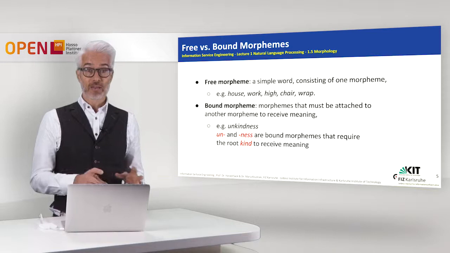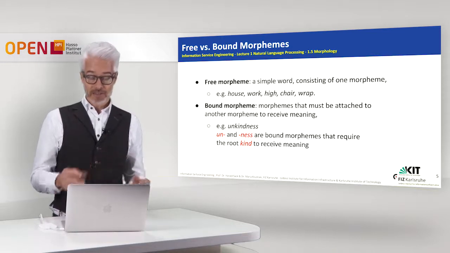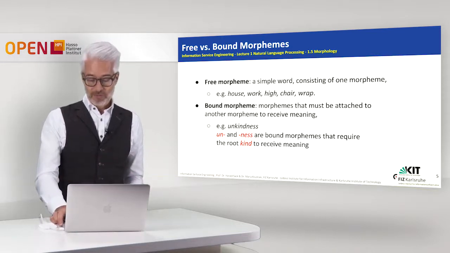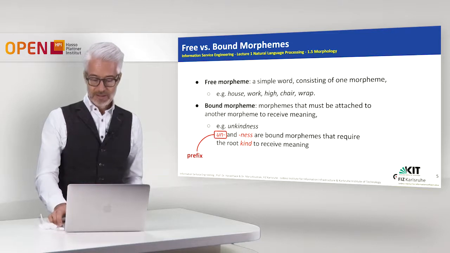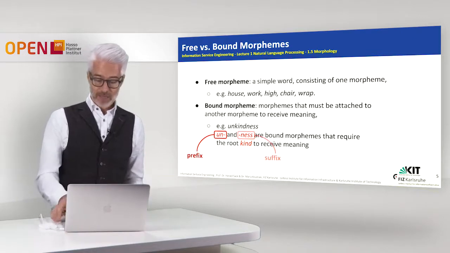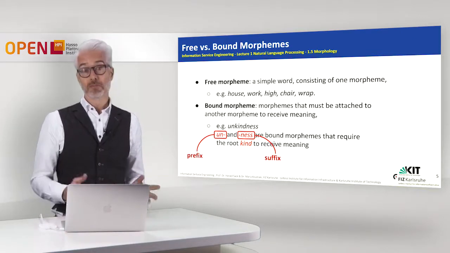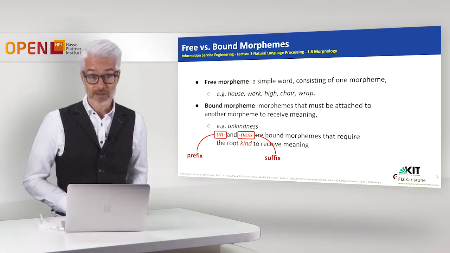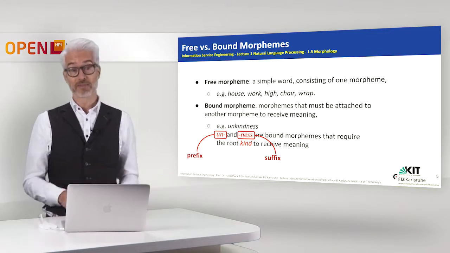So we know now that un and ness are affixes, but to distinguish this further, if this affix comes in front of a root, then it's a prefix because it comes before. And if it comes after a root, then it's called a suffix. So we have prefixes and suffixes.